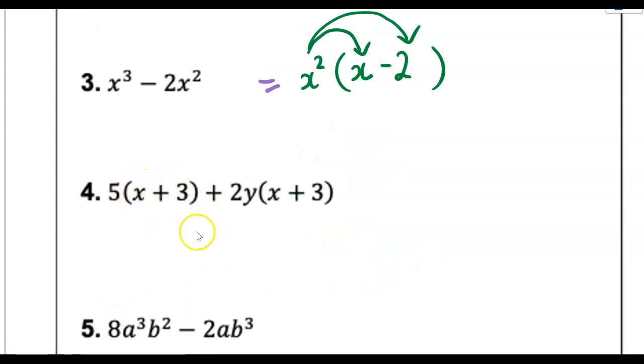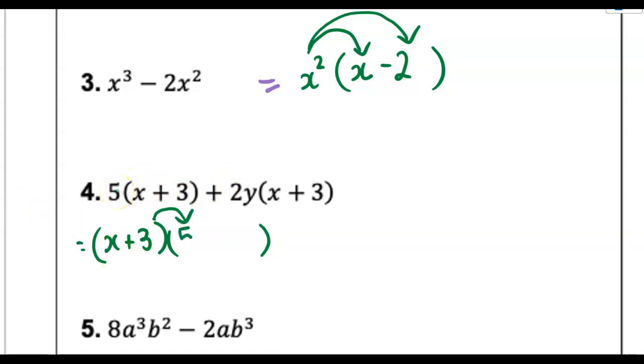Okay, question 4. This one's a little bit harder. So 5 times x plus 3 plus 2y times x plus 3. Now this is the reason why I don't like you to FOIL in your expansions, because it's basically an expansion but going backwards. So the thing that's common is x plus 3. And what we do when we factorise our x plus 3, we think, what do I times x plus 3 by to get me 5 times x plus 3?